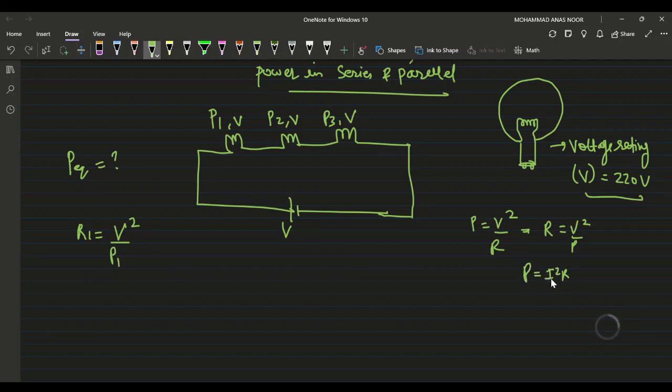Because the current rating is not given, the voltage rating of the bulb is given. So R1 is this. Similarly R2 would be V square by P2, R3 would be V square by P3.